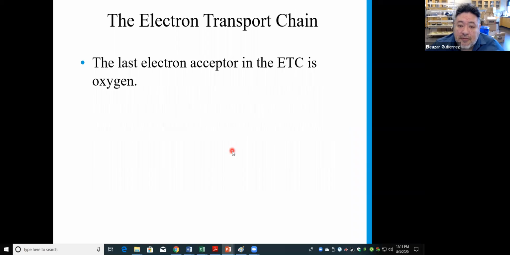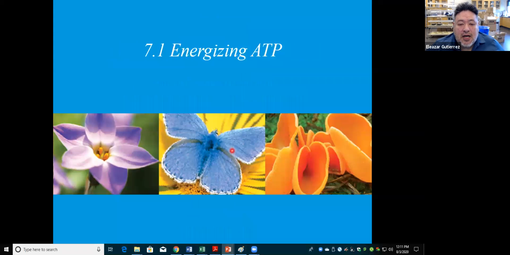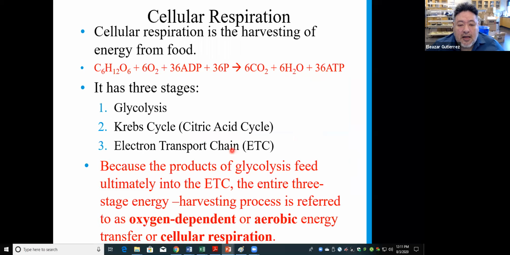Remember the equation? Let's go all the way back to the beginning. How many CO2s? 6. Why? Because sugar has 6 carbons.